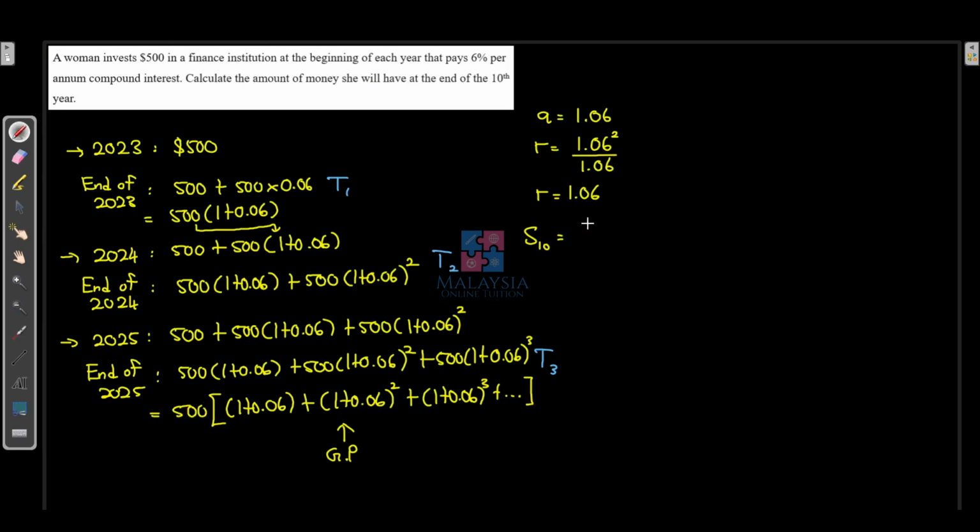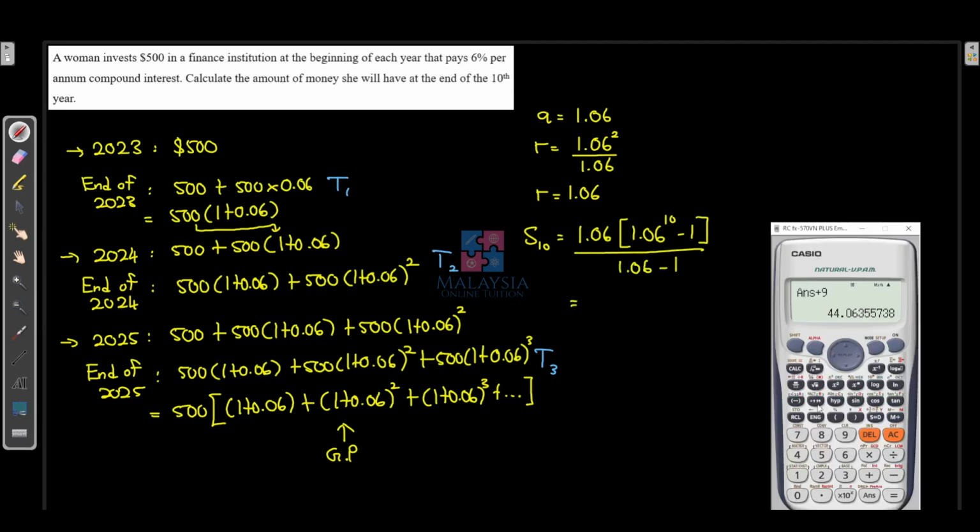Now for S10, we have A, which is 1.06, and then you open the bracket, 1.06 to the power of 10 minus 1, and then divided by 1.06 minus 1. So what will this be? 1.06 to the power of 10 minus 1 divided by 0.06, and then multiply 1.06. 13.9716.